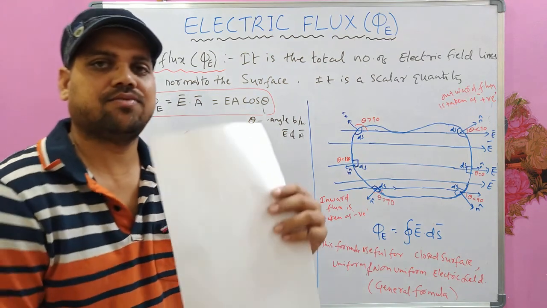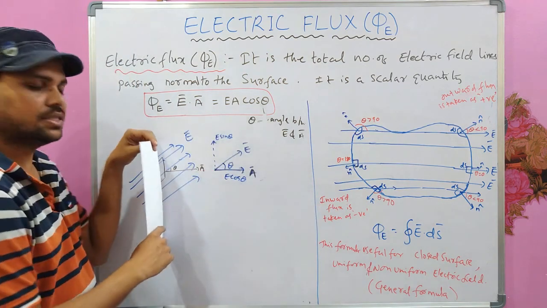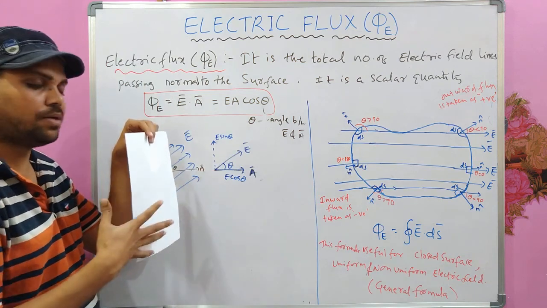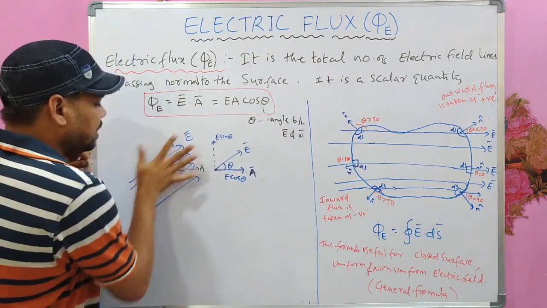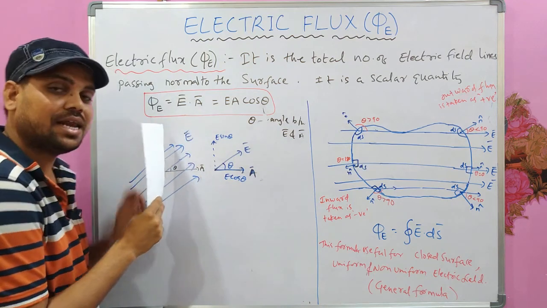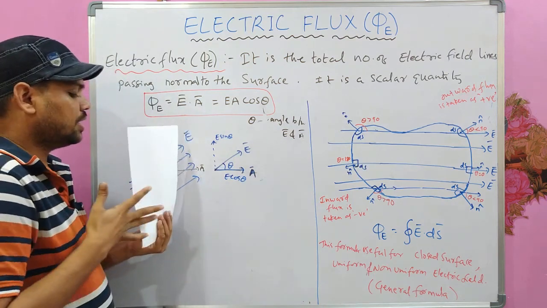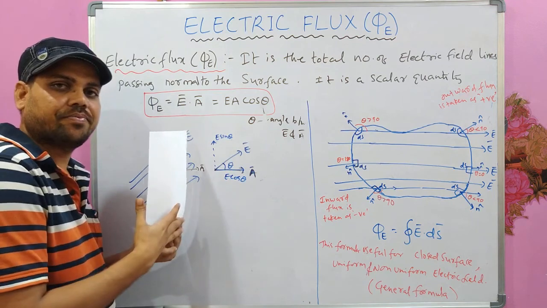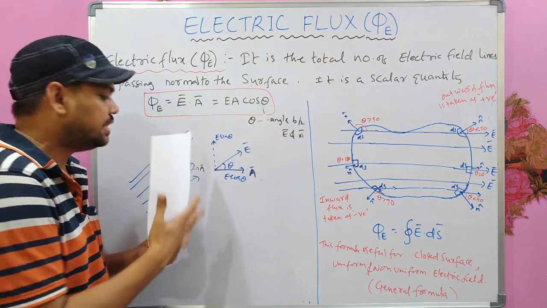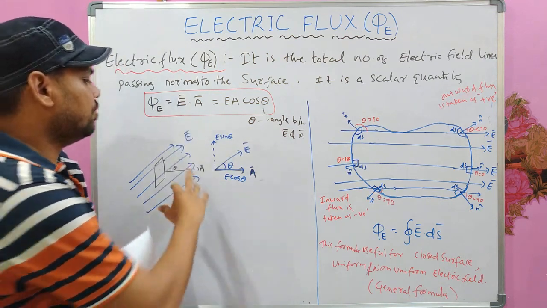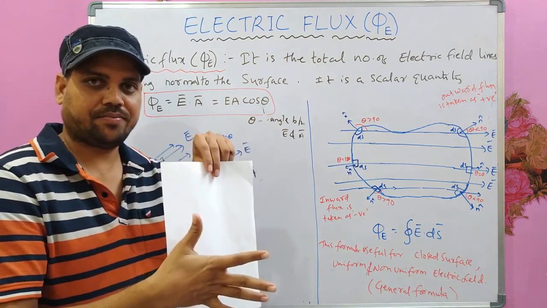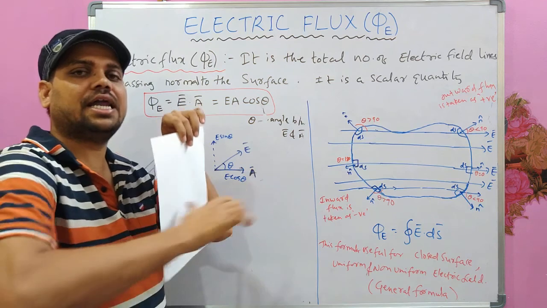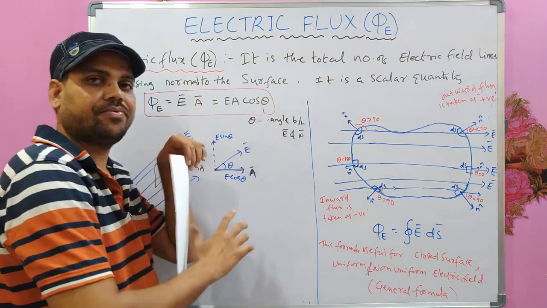Now what is the electric flux in this case? The number of field lines passing through the perpendicular surface. See, electric field lines are in this way. But how many electric field lines are passing normal to the surface? In this case, you have to find out the component of the electric field which is in the direction of area vector.